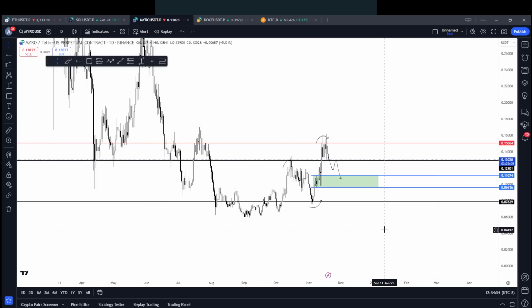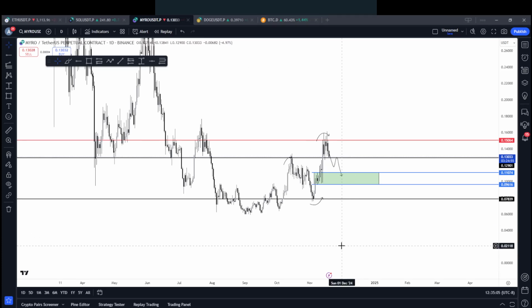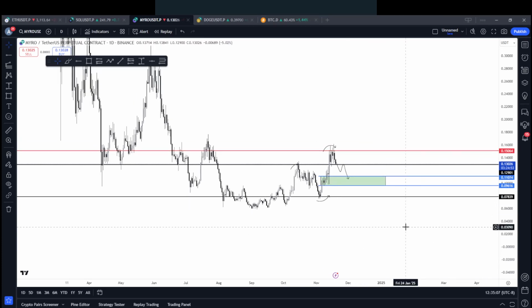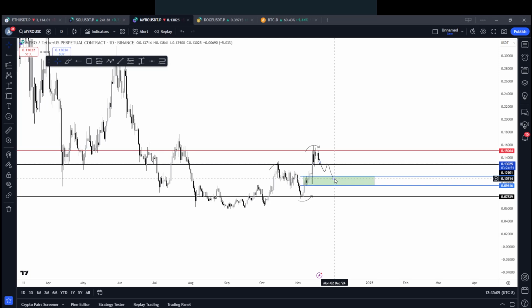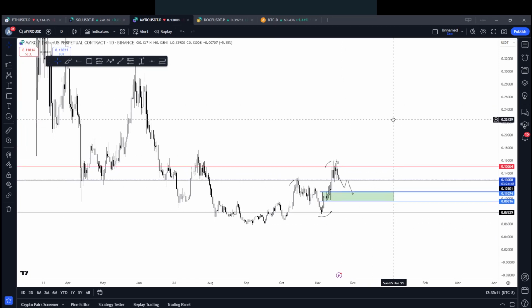That's where I would buy. Otherwise, I'd wait for this red level to be flipped before we get in. So this is what I would go with Myro. Put in another higher low here, and then grind higher.